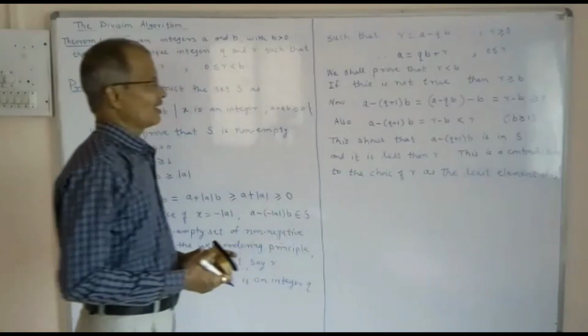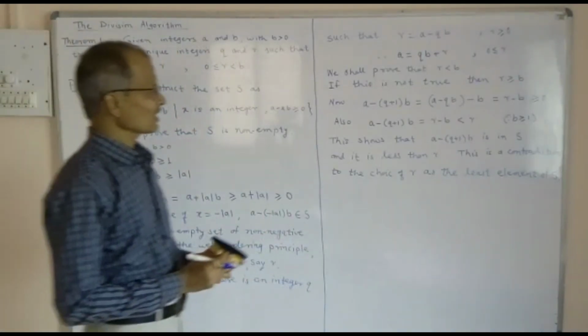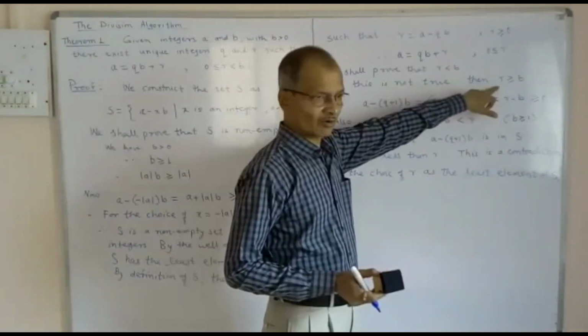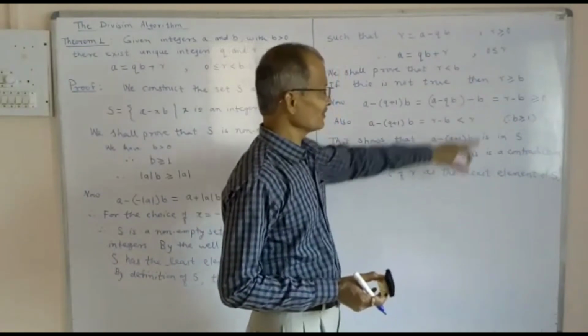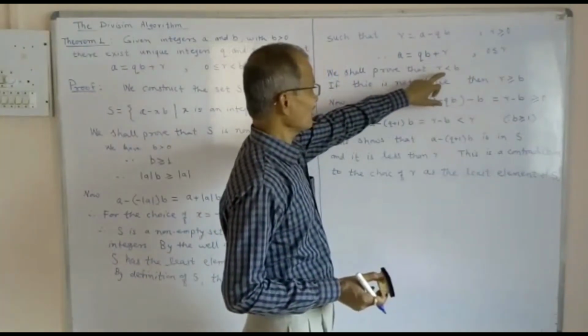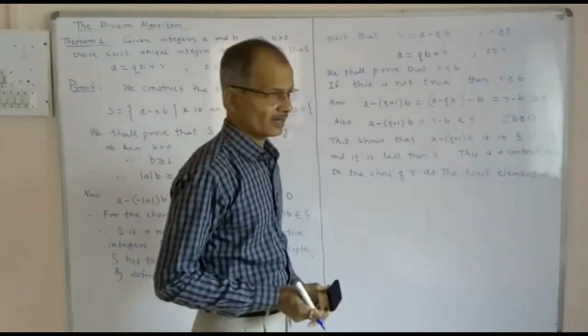Therefore, if we assume R greater than or equal to B, we get a contradiction. So that means this must be wrong, and this must be true. Thus R is less than B.